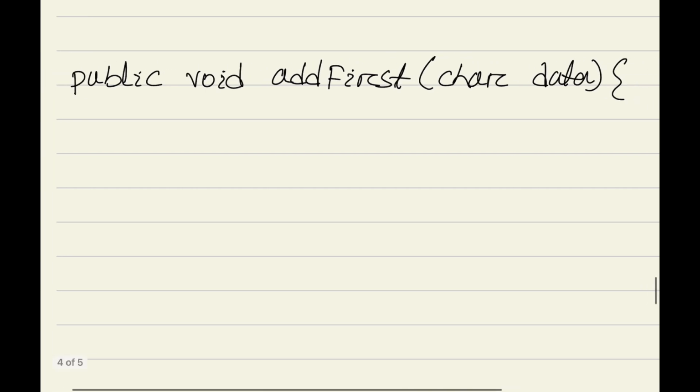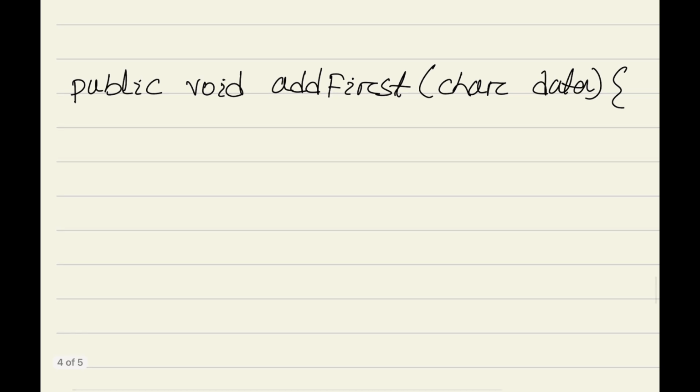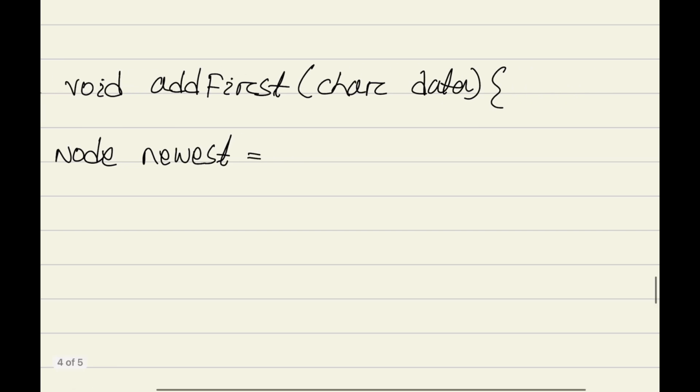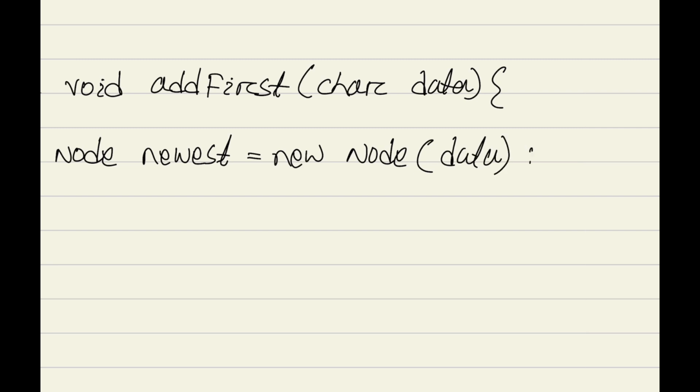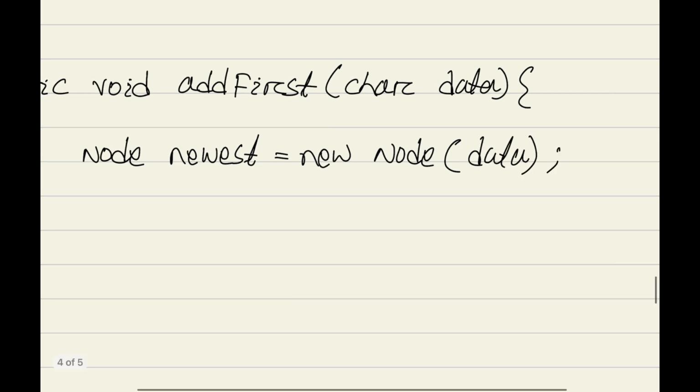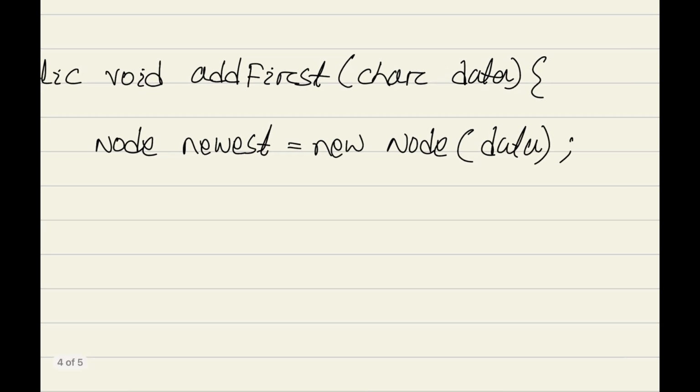So the first step is we have to create the node. So we can write like this, Node newest equal to new Node, and pass the data here. Now update the next of the newest node, and that is going to refer to the head.